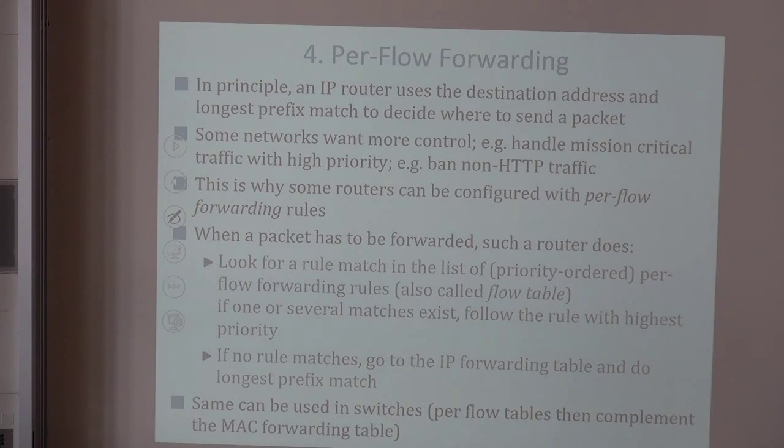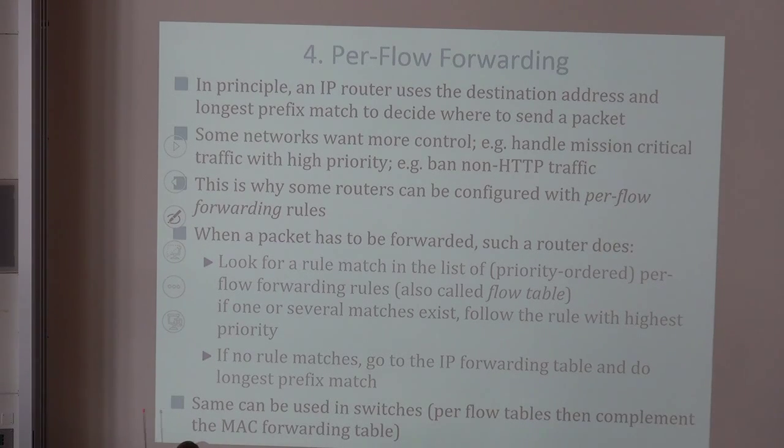We will discuss it; it's in fact simpler than distance vector routing, but let's discuss for a few minutes what they mean exactly. In principle, an IP router has only one table, called by many people the routing table, often also called the forwarding table. It is the table on which we do longest prefix match by analyzing the destination address of any IP packet. That's what an IP router should do in principle.